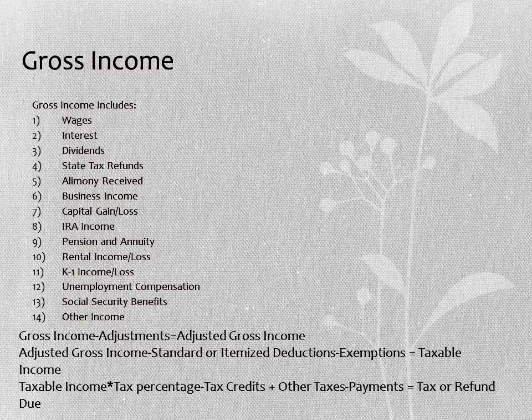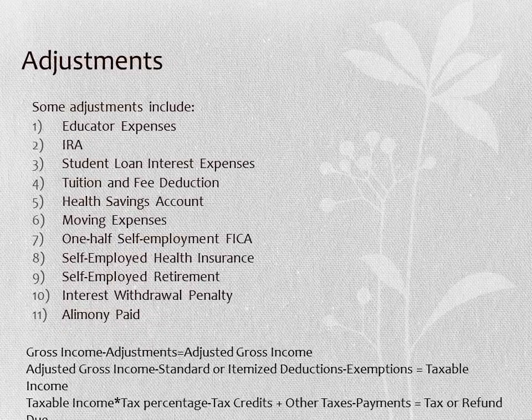And below, just for a reminder, is the formula to calculate the tax or refund due, so you can see that gross income is the very first thing that you want to figure out when you're calculating your taxes.